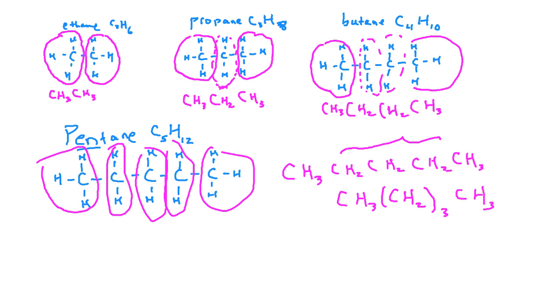The same for butane. If I have butane, since we have two CH2s, this could be written as CH3, CH2, two of those, and then CH3. Here we just have one CH2, and here we have no CH2.